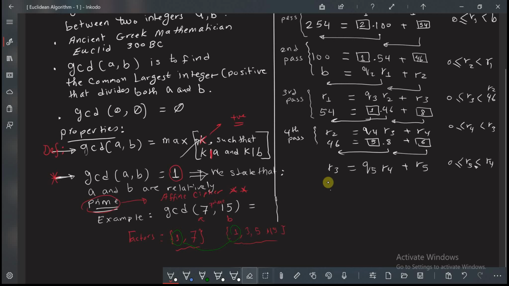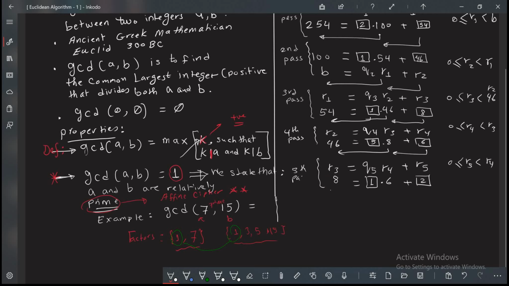Now if I substitute the numbers, R3 was 8, so I put 8 here, and we put a box instead of Q5. R4 was 6 plus another box for R5. When we divide 8 by 6, it is 1, and the remainder is 2. The remainder R5 is not equal to 0, so we cannot stop. So this is the fifth pass or iteration.